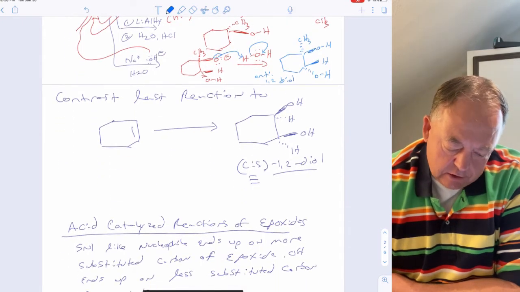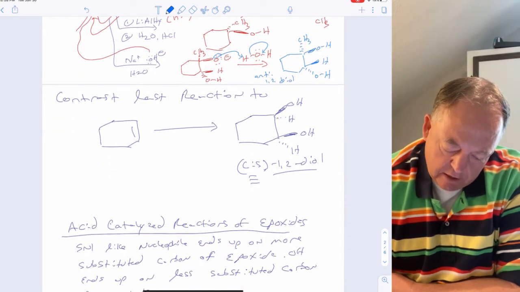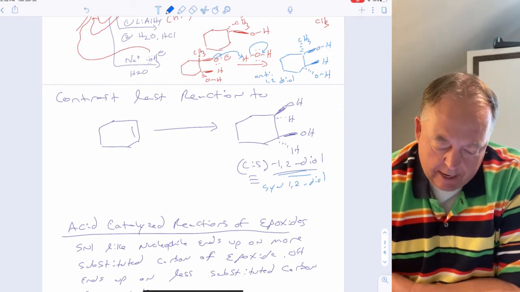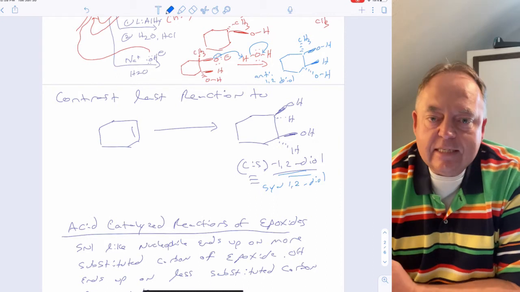So if we contrast that, we've seen reactions like this where you have cis or syn 1,2 diols. Right, so you've seen a reaction in the past, chapter 8, how to add OH and OH across a double bond syn to each other.